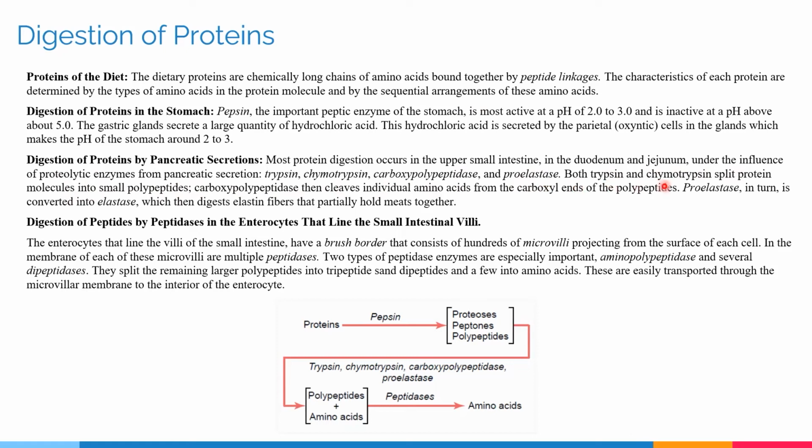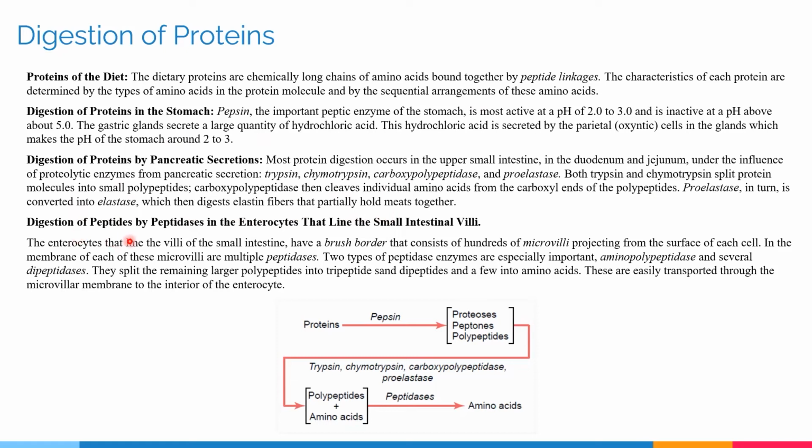Both trypsin and chymotrypsin split protein molecules into small polypeptides. Carboxypolypeptidase then cleaves individual amino acids from the carboxyl ends of the polypeptides. Proelastase, in turn, is converted into elastase, which then digests elastin fibers that partially hold meat together.